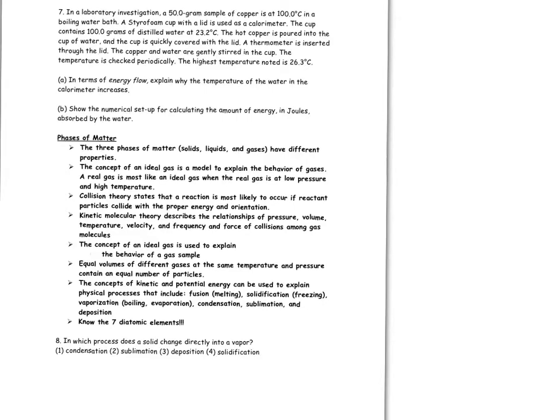So the first thing we want to do is draw a picture of what's exactly going on here. We know that we have some copper and it's hot. They said it's in a water bath, so it's 100 degrees Celsius, and this is a 50-gram sample. Then this copper is added to a cup of water.